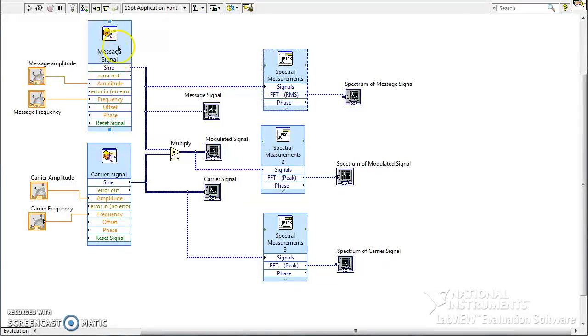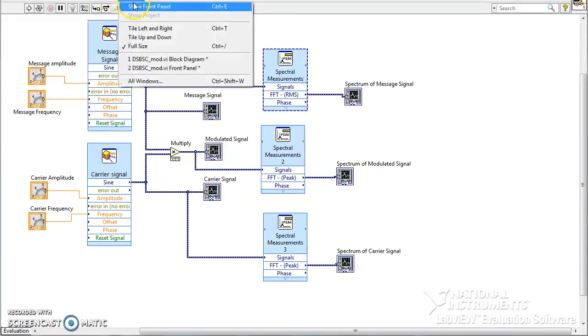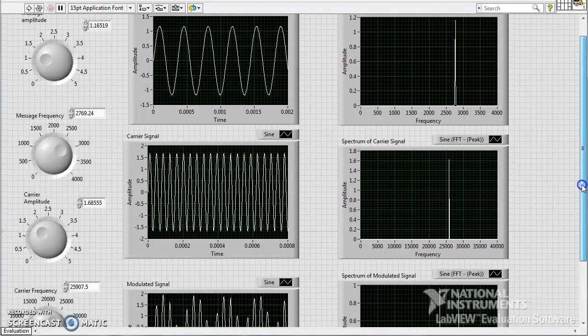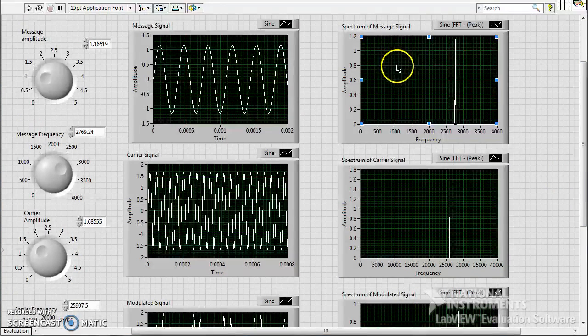Before running the code, have a look at the magnitude or amplitude over here, which is around 1.6 with the carrier signal, and with the message signal it is around 1.2. So you could see the variations between the peak value and the RMS value now.